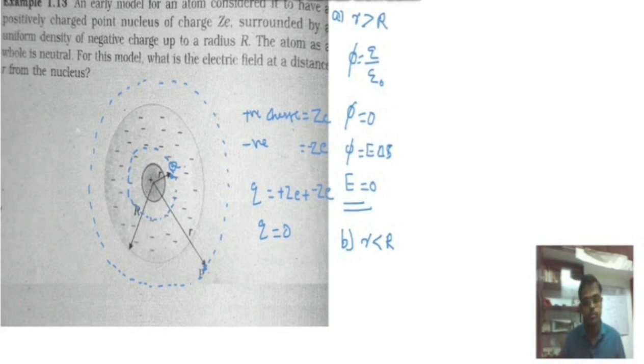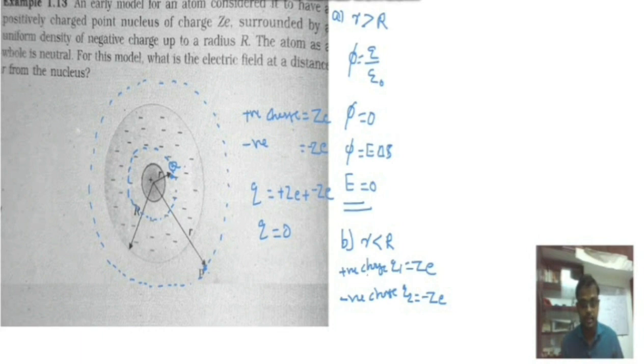Now in order to do this one, we need the total charge. So what is the total charge? As we already learned, say the positive charge, Q1, is equal to Ze, the atomic number of the atom times the charge of an electron. And the negative charge, Q2, is equal to minus Ze.